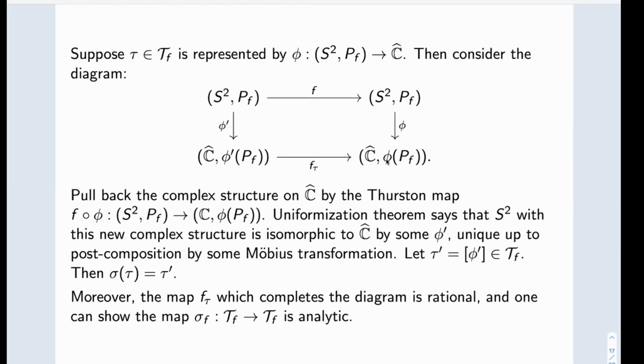Then the composition f composed with phi is also going to be a Thurston map. So we can pull back the complex structure all the way to the sphere over here. Then uniformization says that the sphere equipped with that complex structure is isomorphic to the Riemann sphere, with isomorphism phi prime.